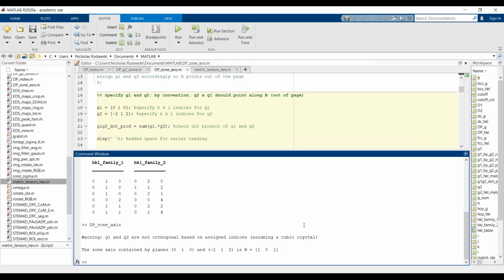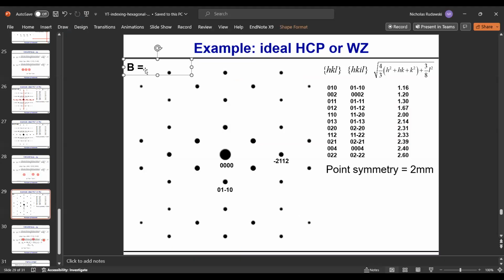We end up with minus 1/3 for v prime, we end up with minus a third for t prime because I'm taking opposite the sum of the first two, and we end up with 1 as the w prime. So then we have to multiply through everything by 3. So what we end up with is 2, 1 bar, 3. That is the zone axis. So we put this here. We get 2, 1 bar, 3.